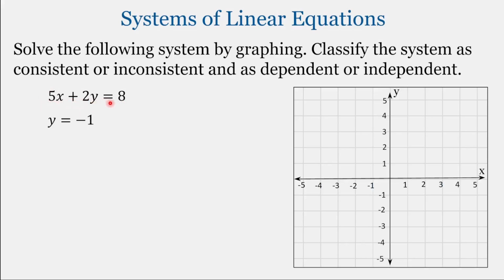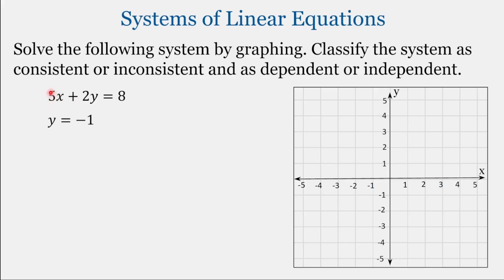So like I said earlier, when I have an equation in standard form, I will typically graph this by finding both the x and y-intercept, if this constant that's by itself, in this case the 8, is divisible by both of the coefficients. Well, 8 is divisible by 2, but not by 5.